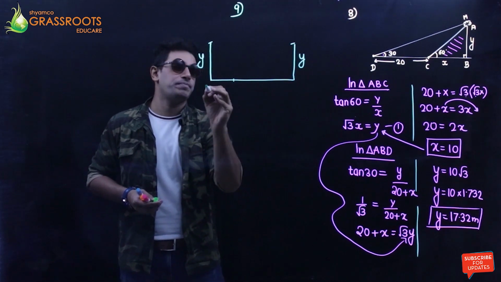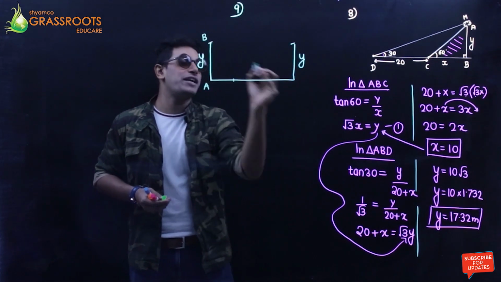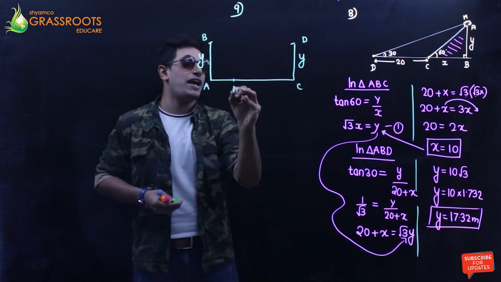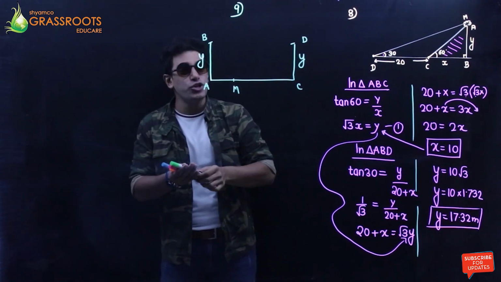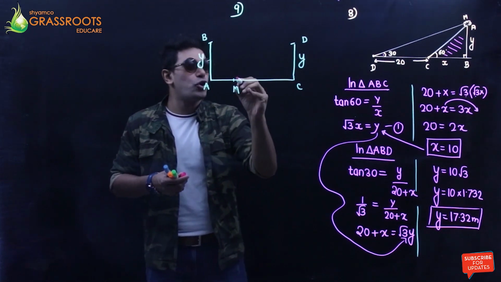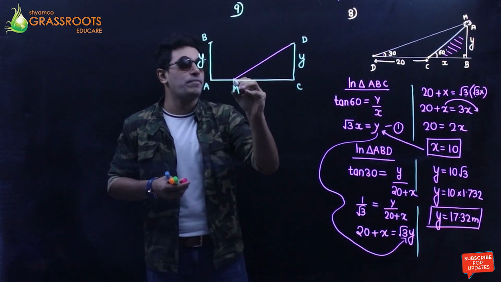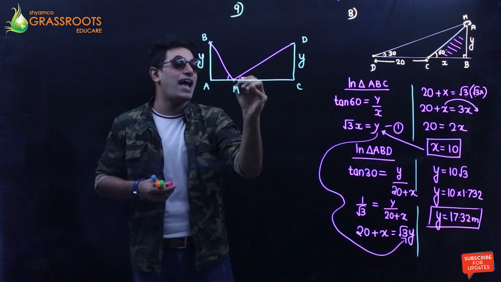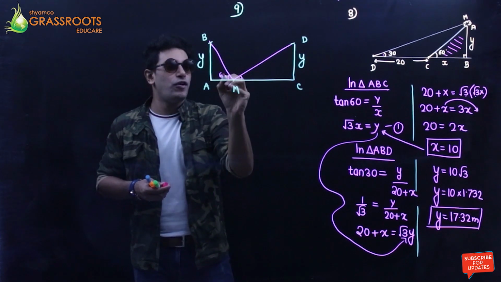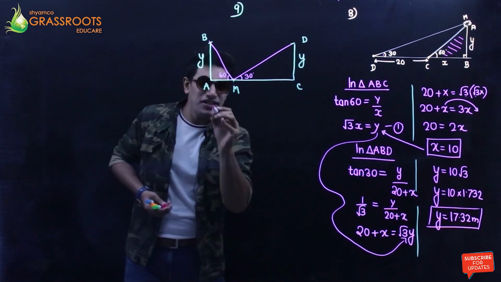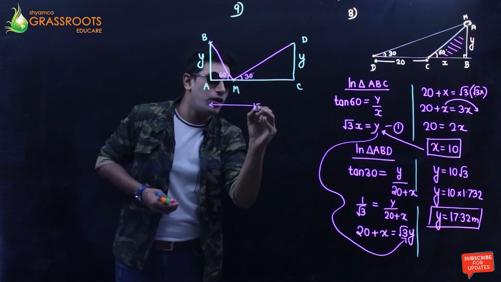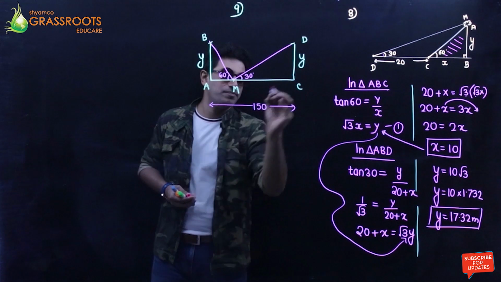If these are A, B and C, D, let the point be M. Now when you observe from M on D and from M on B, these are the angles of elevation. One of them is 60 and one of them is 30. And the distance between the two pillars is 150.